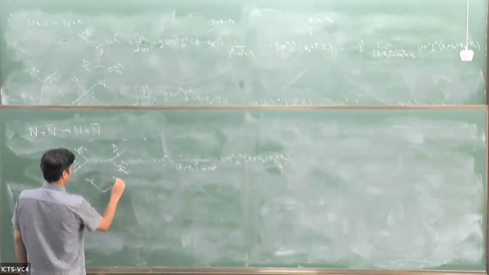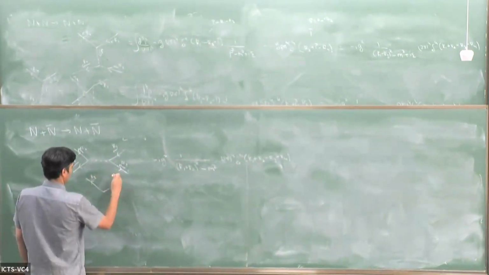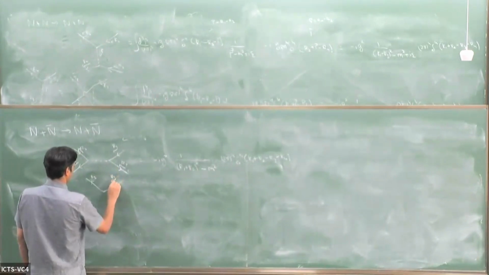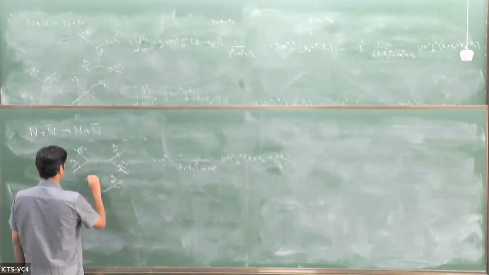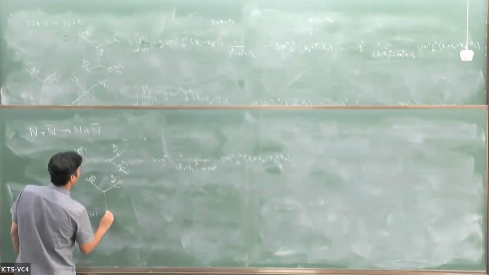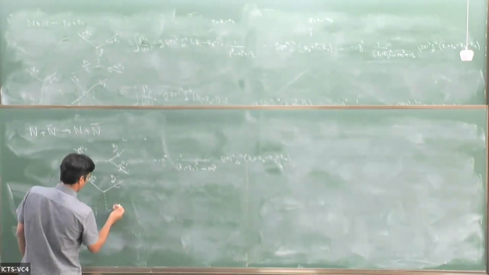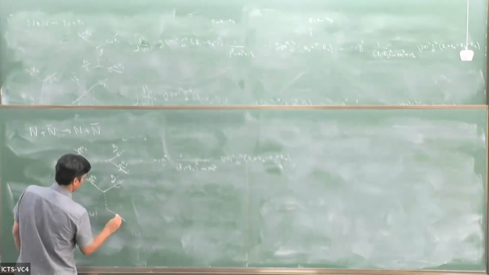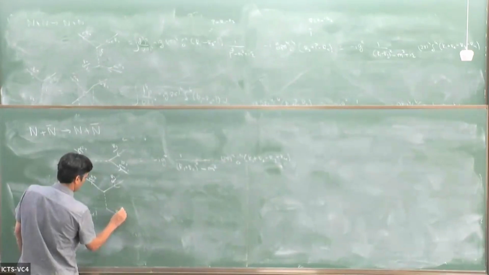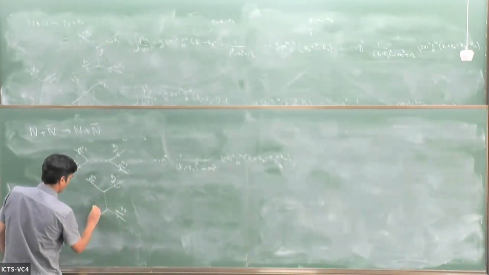So this is K1, this is K3. Okay. And then you have K2. And you have here K4.